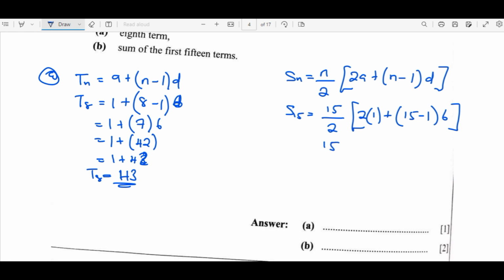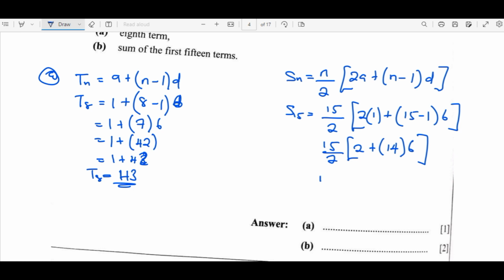So we'd say 15 over 2, we remain with a 2, and then 14, close, and then we have 6. And then you're going to multiply 6 by 14.